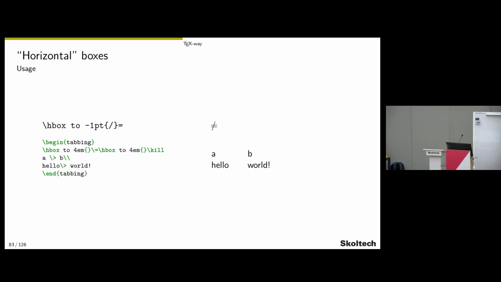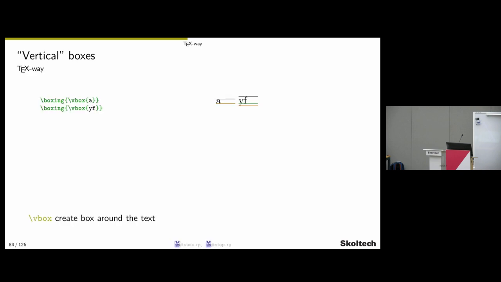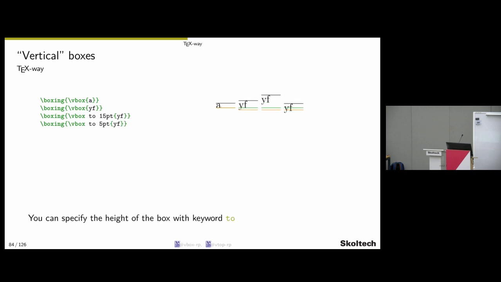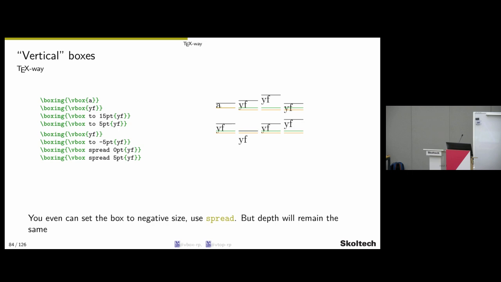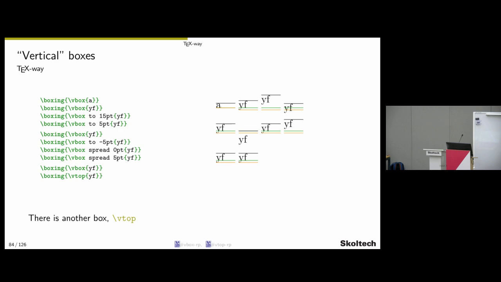Also, you can have something with tabling, something like this. And yeah, we have the vertical box. The vertical box is vbox. It can again be narrower or shorter. It can again be spread or highlighted. So you can have vbox to change something with height, and vtop to change something with depth.